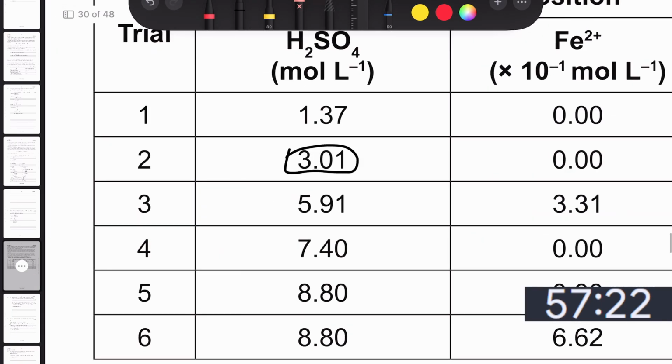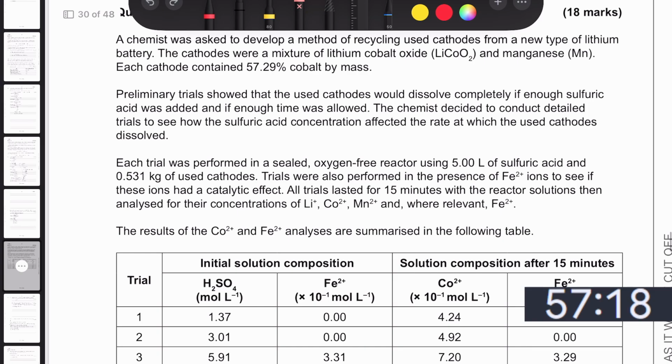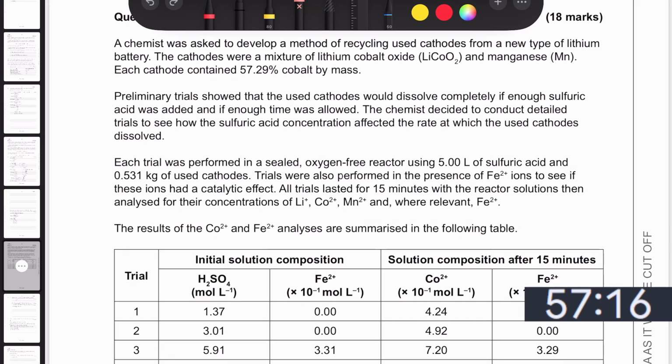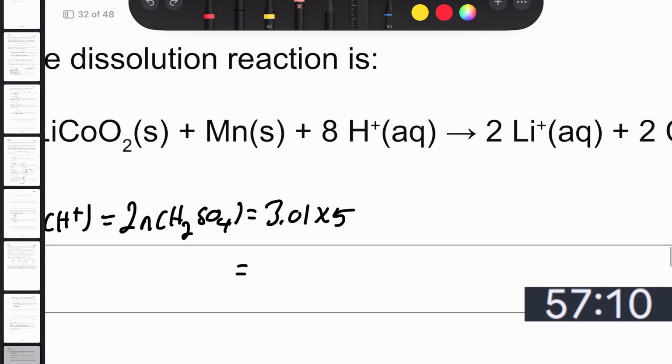I'm just reading this value for the concentration, and then it says we use 5 liters. So here is 15.05 moles. Oh wait, I need this times 2. So this is actually 30.1 moles.